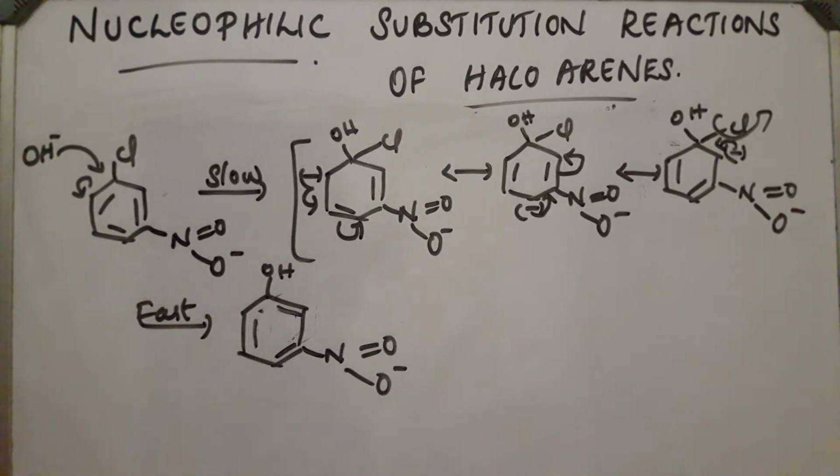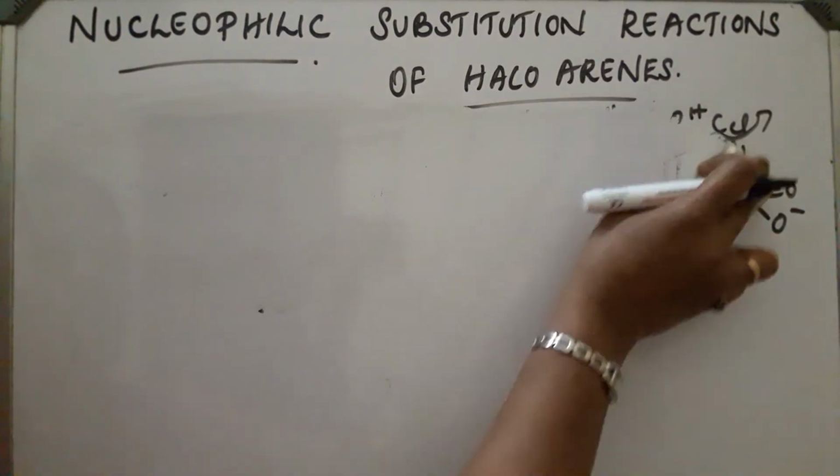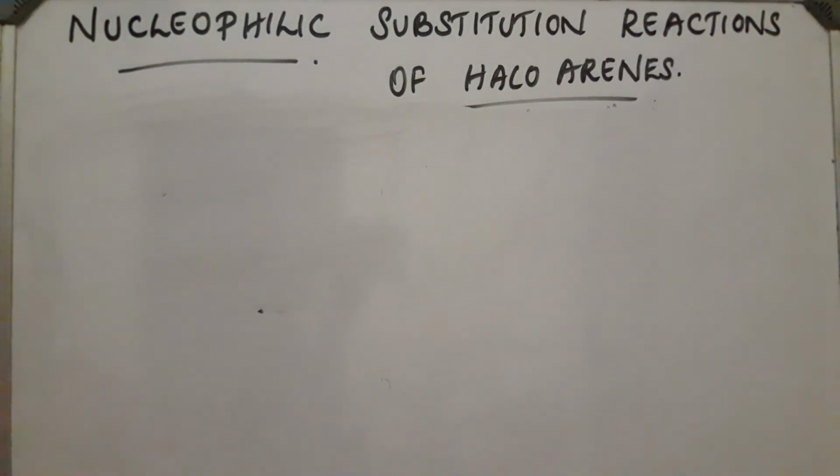If NO2 comes in the meta position, that will not make any change in the reactivity of the haloarenes. These are the different reactions that take place in the presence of NaOH, reaction with NaOH.